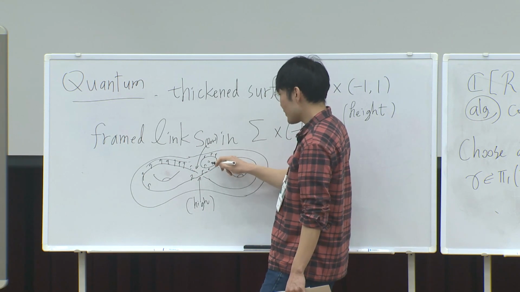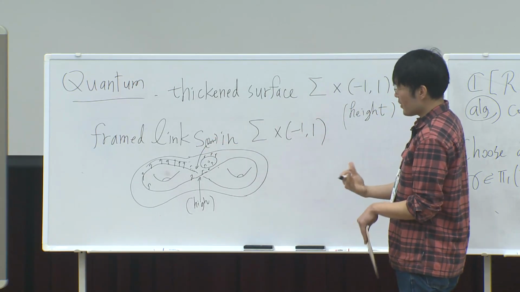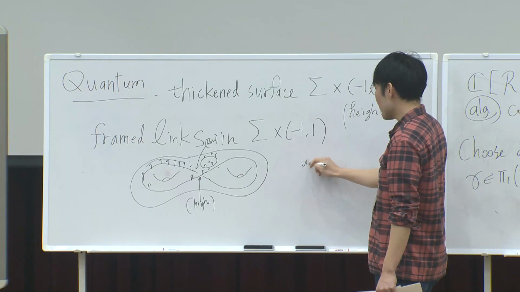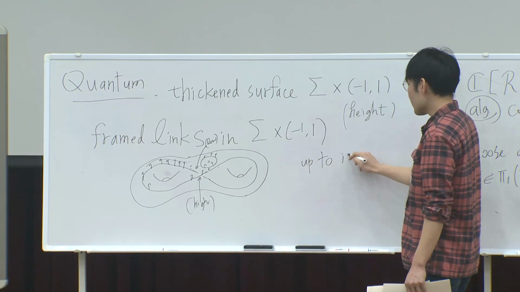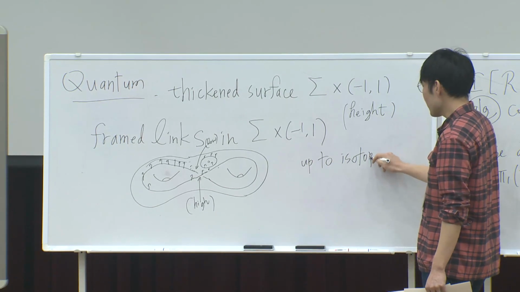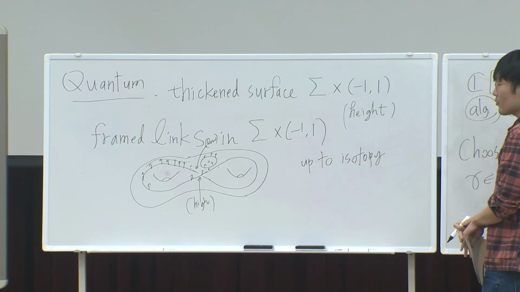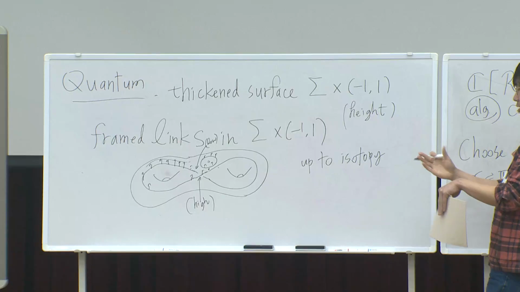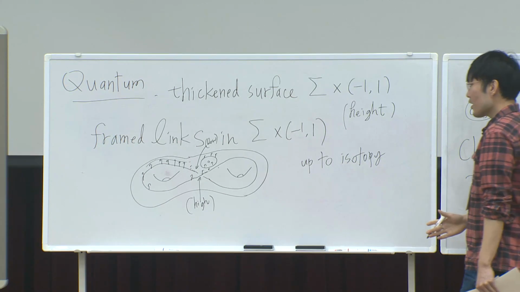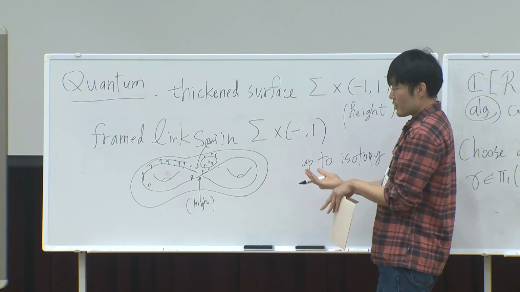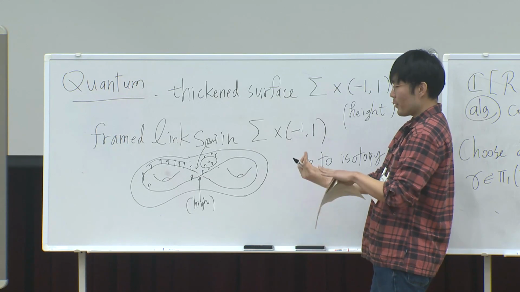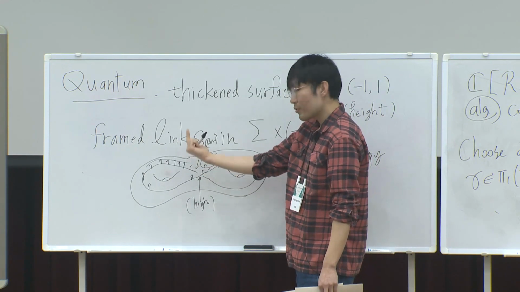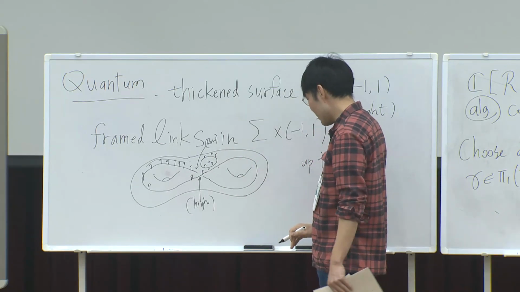And when I draw a picture, I don't draw the framing, because I consider these things up to isotopy, meaning homotopy, but within the class of framed links. So you can continuously wiggle around, and the usual convention is that you isotope all the framing so that it points upward, and then you project it down to the surface.